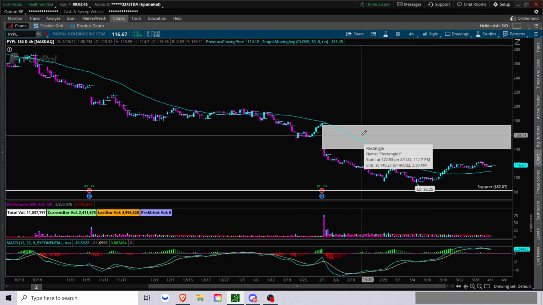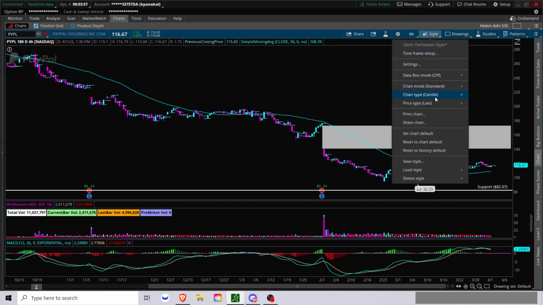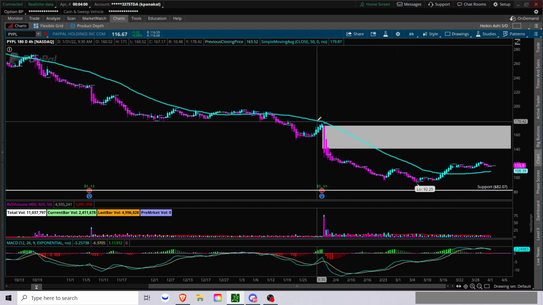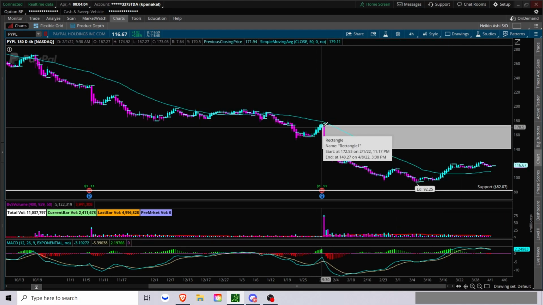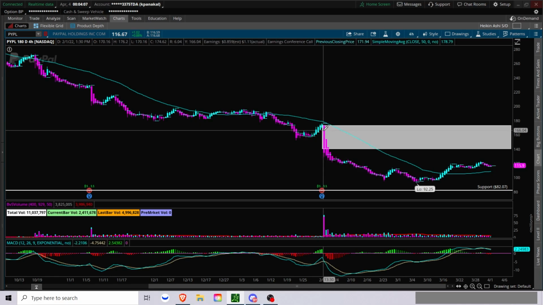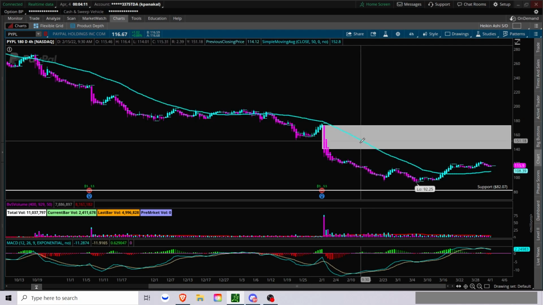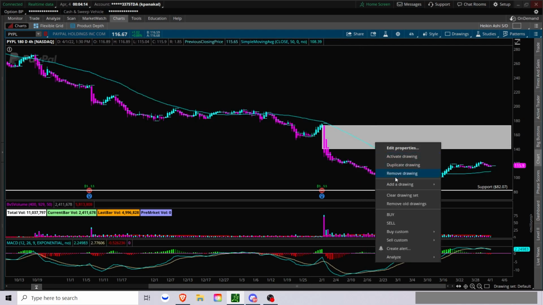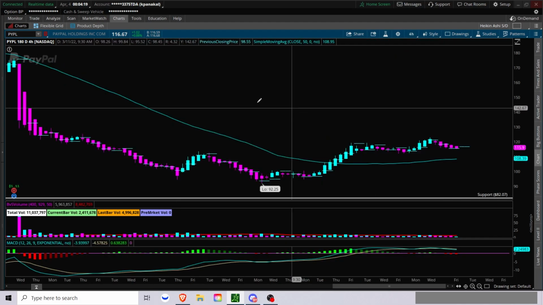So this is kind of tricky to look at, because theoretically we can plot a supply zone right here, right where the last bullish candle was before this bearish drop. But then we also want to plot out the gap up. So let's see if I can make this easily readable.